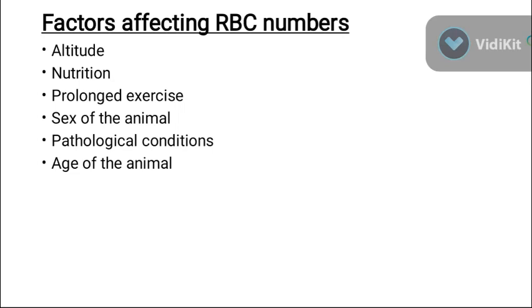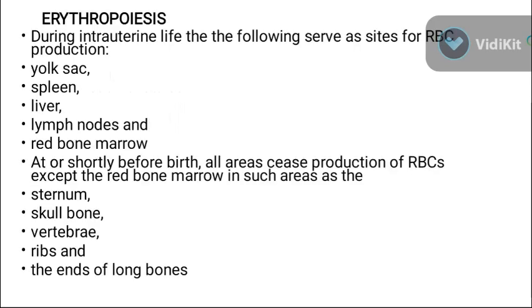Erythropoiesis. During intrauterine life, the following serve as sites for RBC production: yolk sac, spleen, liver, lymph nodes and red bone marrow.